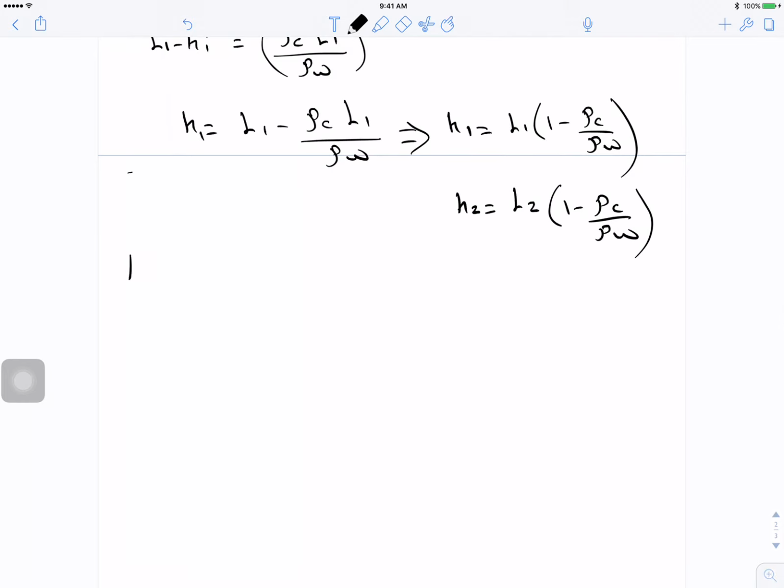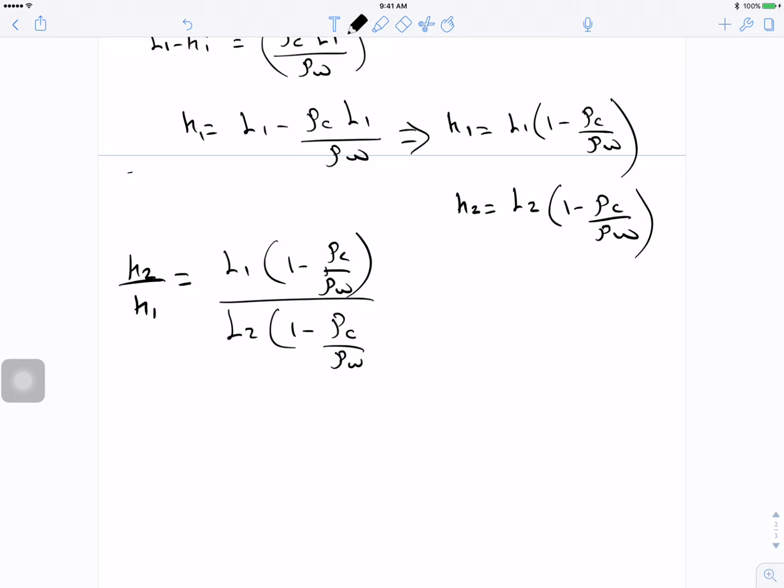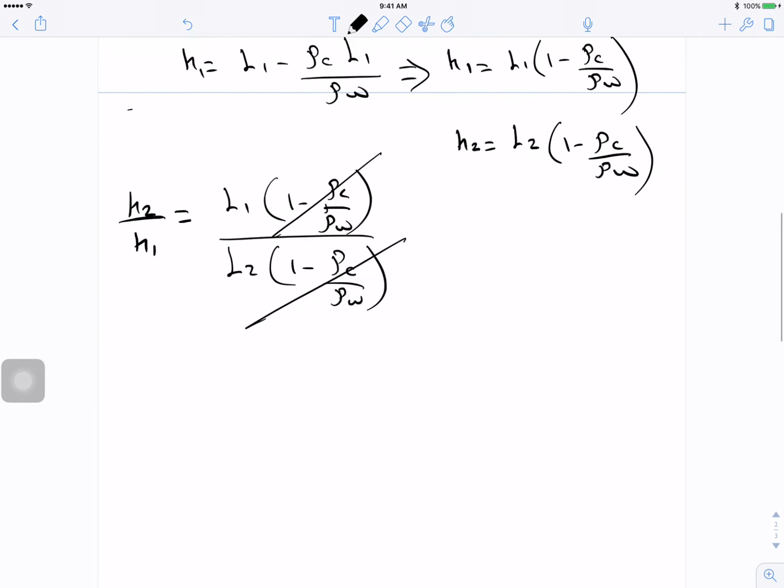Now let's find the ratio of H2 divided by H1. So L2 times 1 minus PC over PW, divided by L1 times 1 minus PC over PW. So those can cancel out. What we get is H2 divided by H1 is equal to L2 divided by L1.